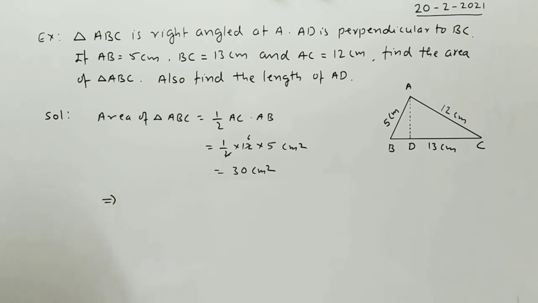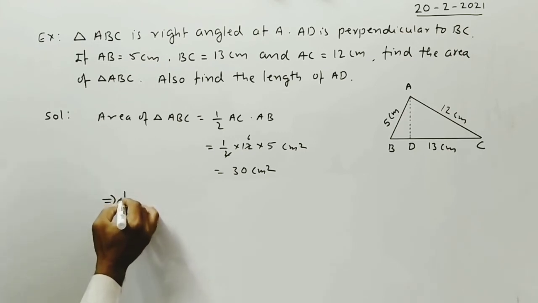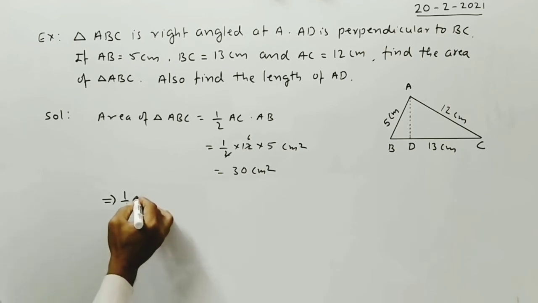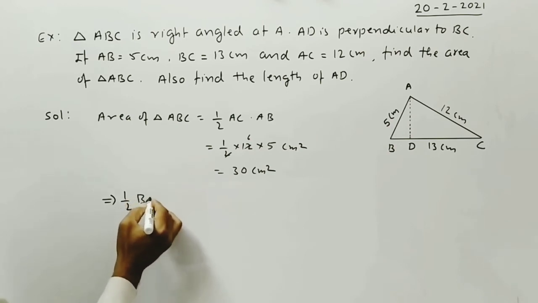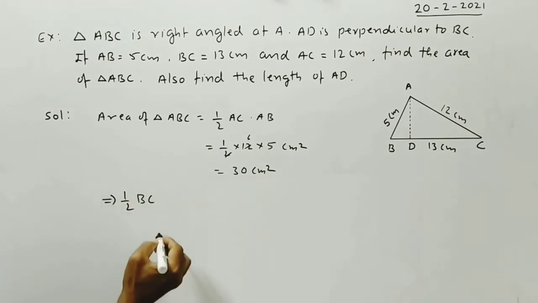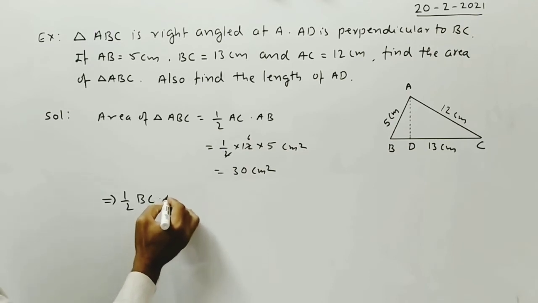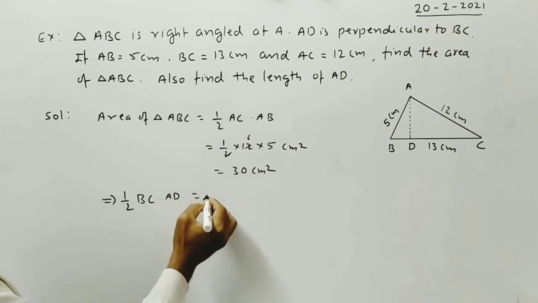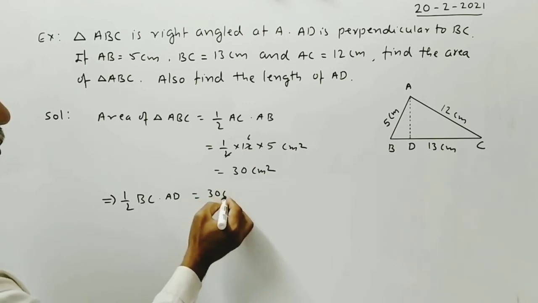This implies, half of BC as the base and AD as the altitude, that is area of triangle ABC, is equal to 30 square centimeter.